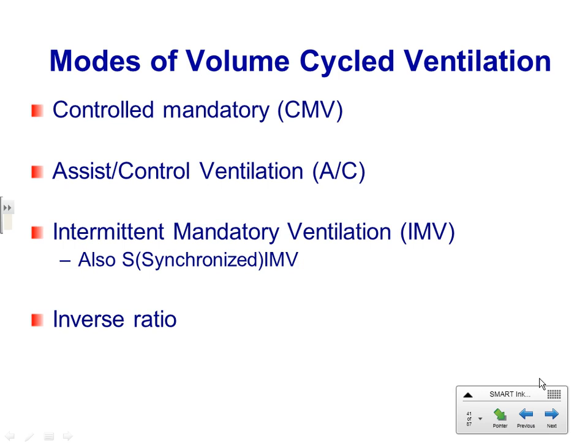That's your normal ratio. Inverse ratio is the vent's going to be set at 1:1. So the expiratory phase and the inspiratory phase are going to be equal time, and that can be very uncomfortable for the patient. But what it does is that it allows more of the alveoli to be utilized during that inspiratory phase.